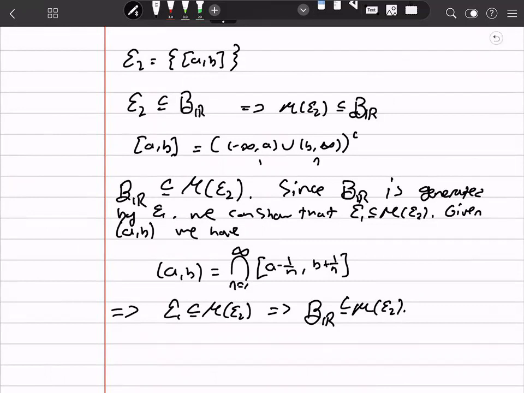This is a good place to stop. There are other things that we can talk about, like the product sigma algebra, but we won't go into that until we get to product measures. When we talk about product measures and the Fubini-Tonelli theorem, we'll come back to this and go over product sigma algebras.